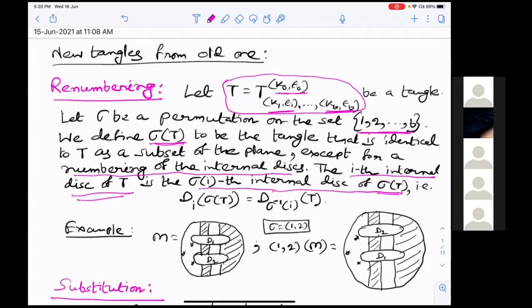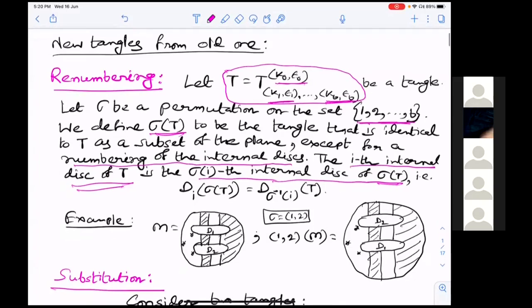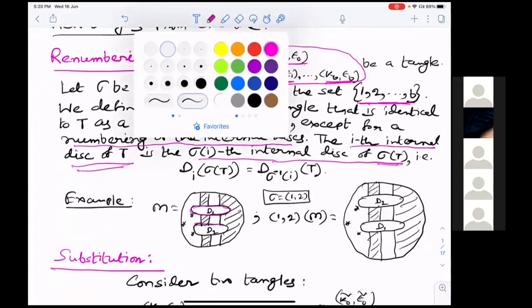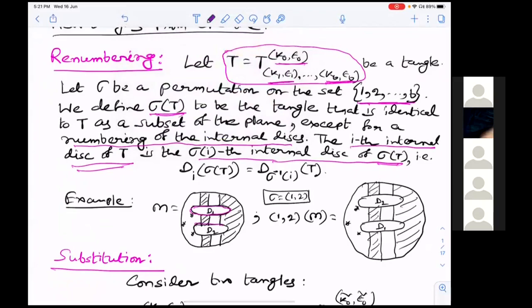Let me give an example. Previously I mentioned this multiplication tangle. Here this is the first disk D1 and this is the second disk, of a different color. So there are 2 disks, and sigma should be a permutation on the set 1 and 2.